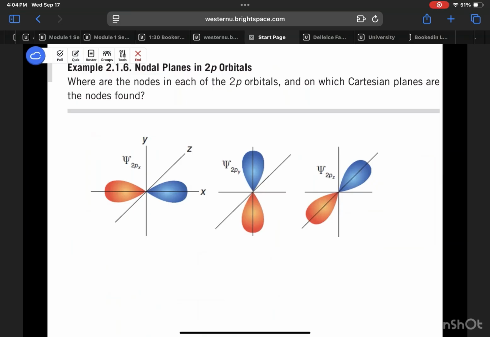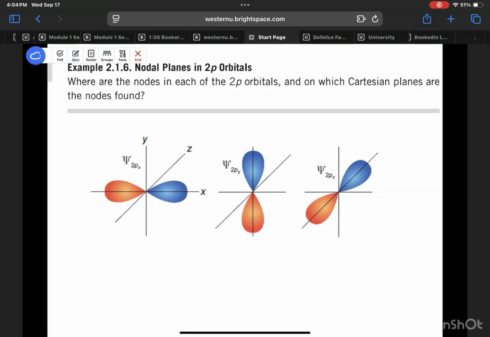Okay, so question for you, where are these nodes in the 2px, 2py, and 2pz orbitals? So first, let's look at it with the balloons, and then we're going to draw it on our paper. So when we're looking at the 2px orbital, these lobes, even though they're not balloons, but it's a nice visualization, these lobes lie directly along the x-axis.